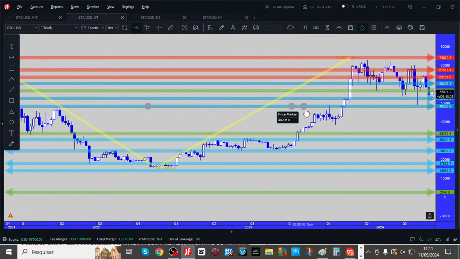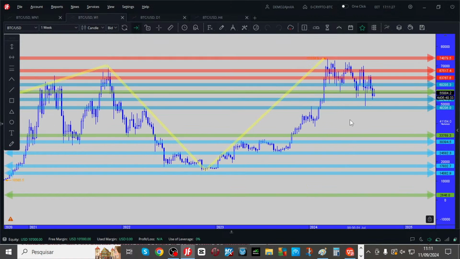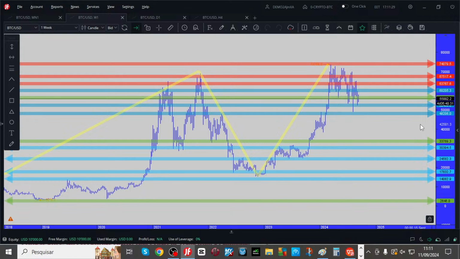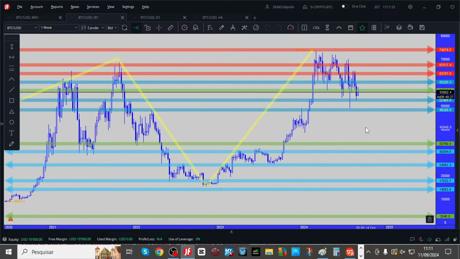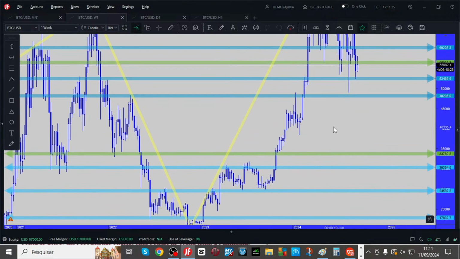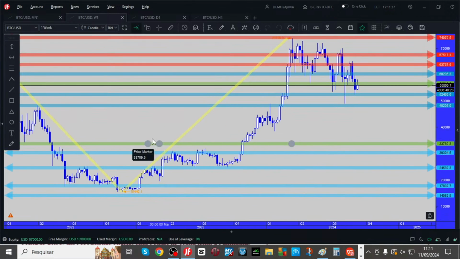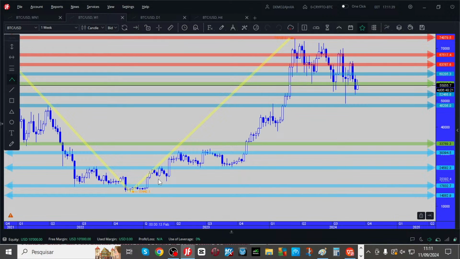Okay, everybody, so this is the weekly chart, right? Now we have the market wave on the weekly. What else can we do? We can chart the trend, right? High to low to high, high to low to high, high to low to high. That's a high, but there is no low.